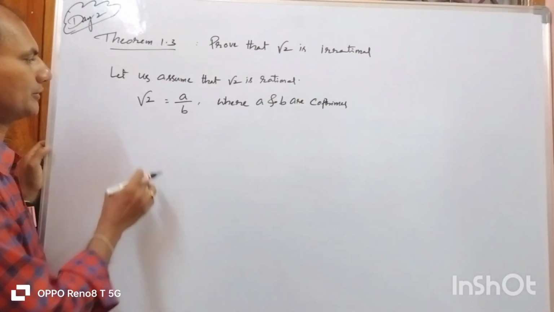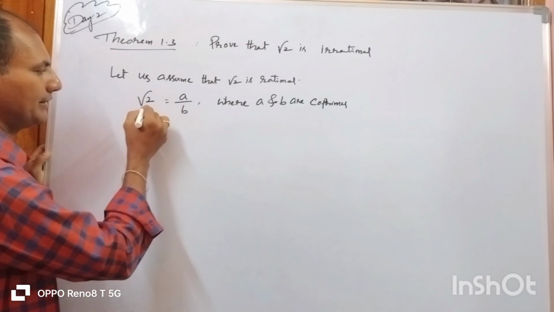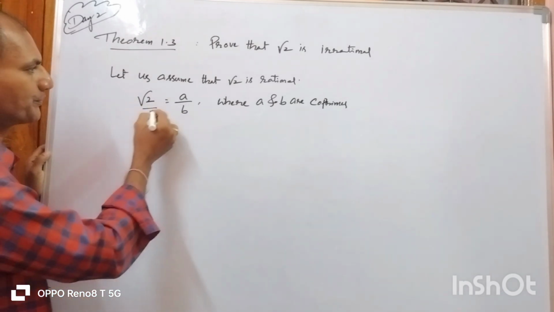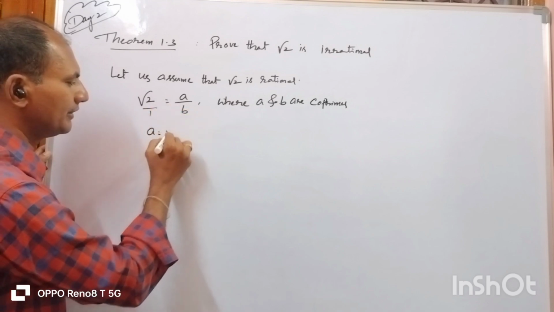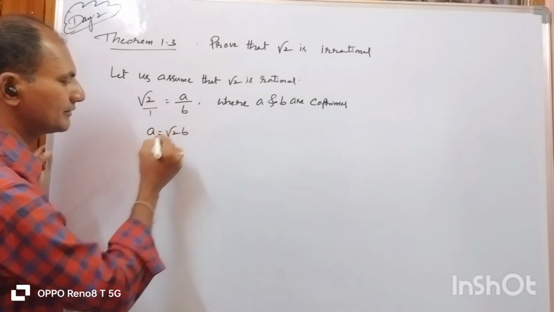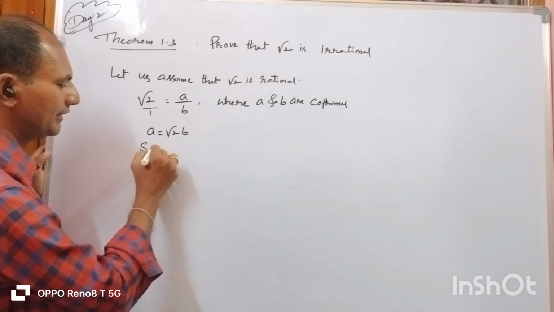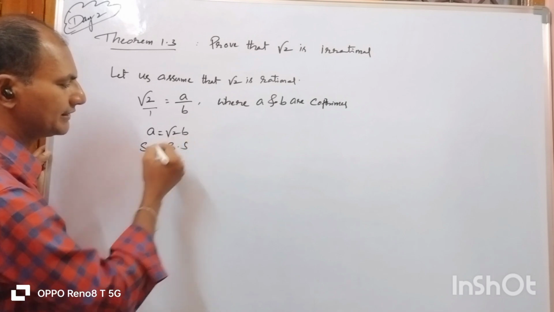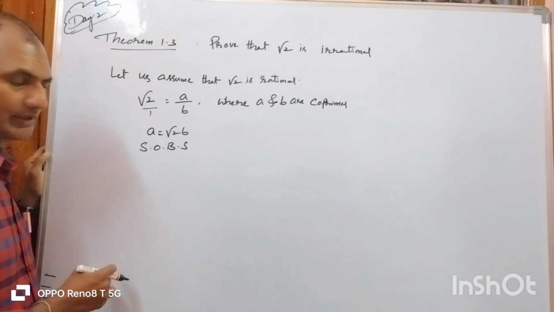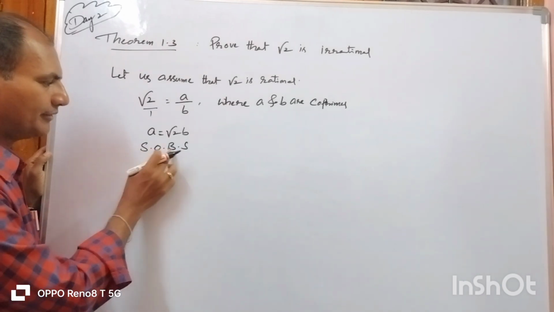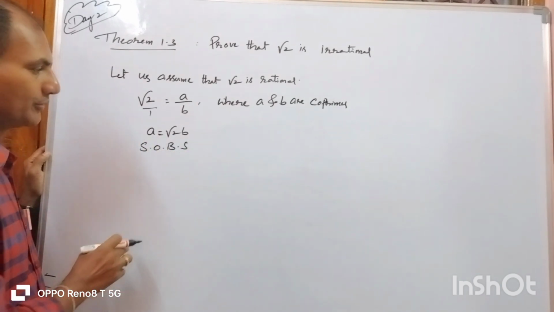See how we prove that. Cross multiply: a into 1, a equals root 2 into b, root 2 b. Now squaring on both sides. In the examination, don't write SOBS. You have to write squaring on both sides.